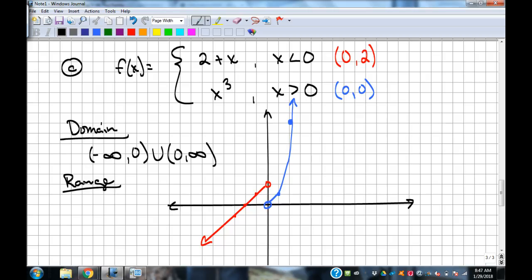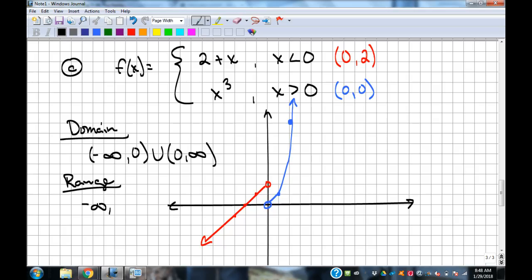About a range. Reading it bottom to top, so the red one's pointing down to negative infinity, so we know that's happening. And it goes up to 2, and then the blue one jumps back down. So all these y values are already taken, and then it keeps going up to positive infinity.